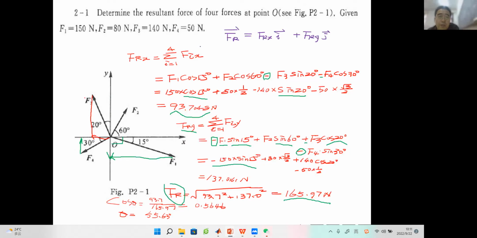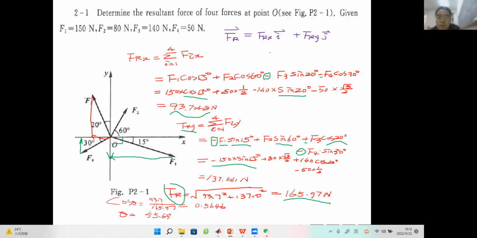So the only thing we should do is find the results of FRx and FRy. We should use the projection method two times, one for FRx, the second for FRy.